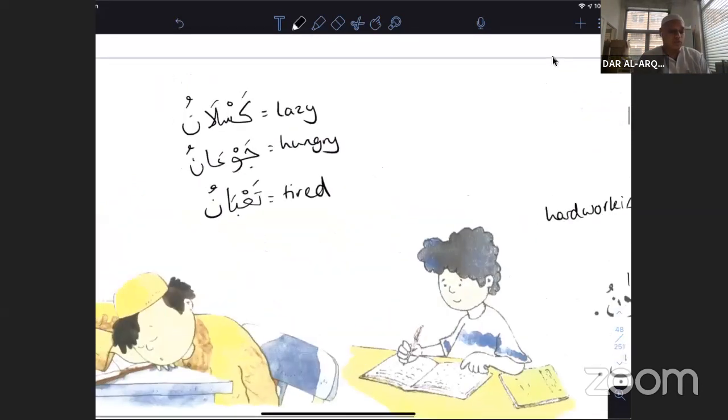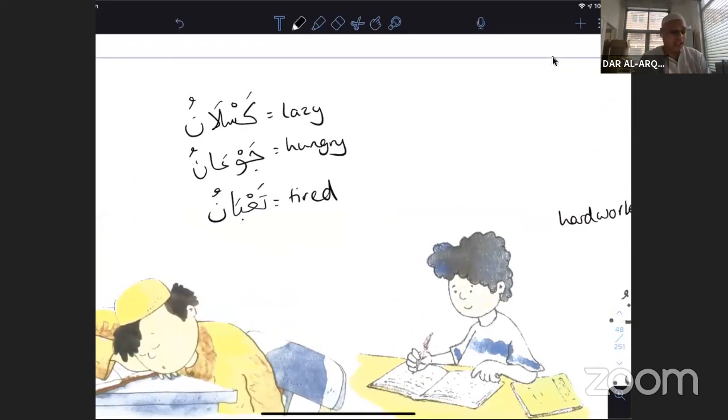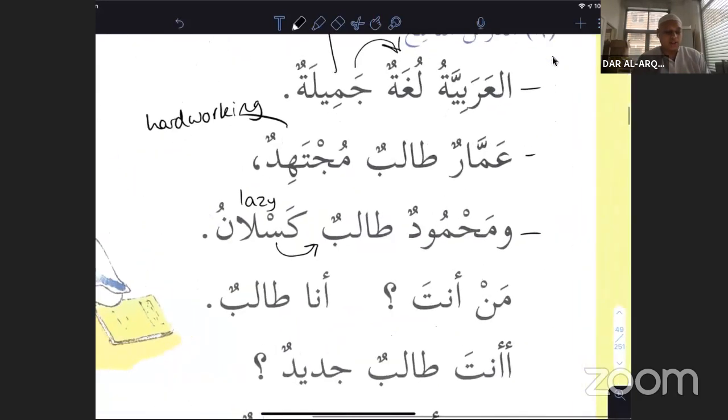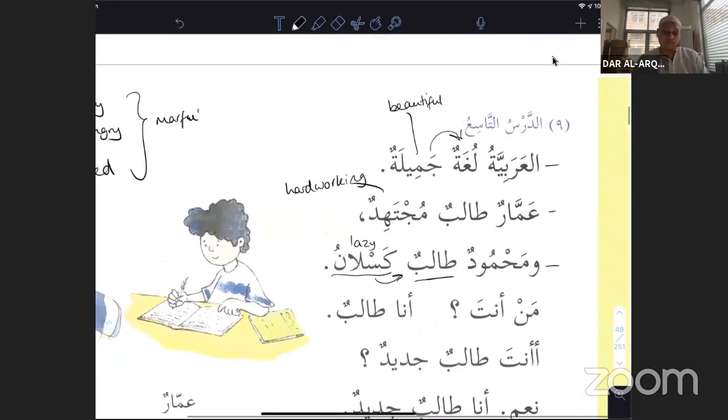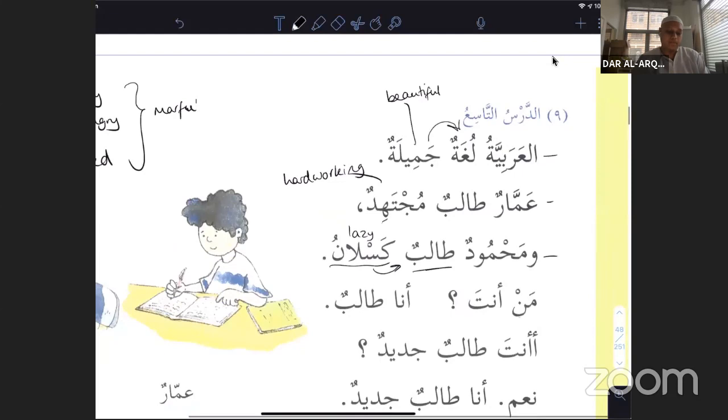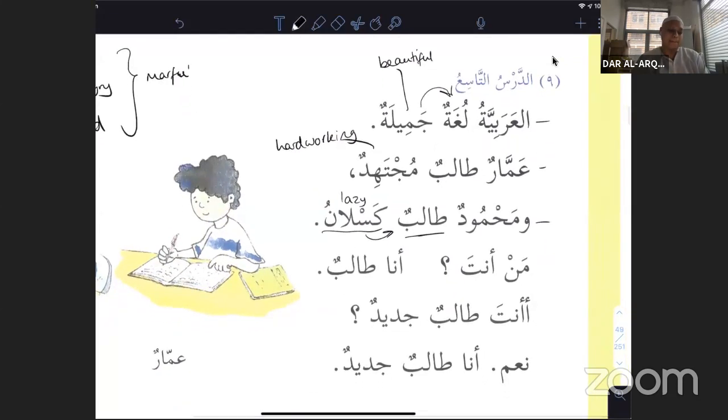These words, first of all, cannot have tanween, as you can see, but they are still marfu. All of these words are marfu, even though they don't have tanween. Hence why here, talibun has two dhammas, but because these words cannot have tanween, but they are marfu, they still act as an adjective for talib. So you might come across some of these kind of words. طيب? Okay. Is that clear, everyone? I hope so.